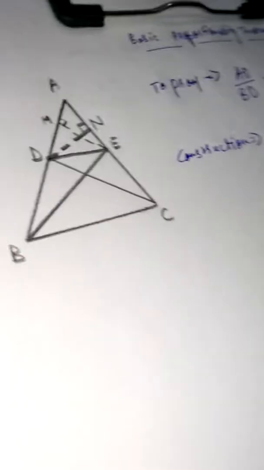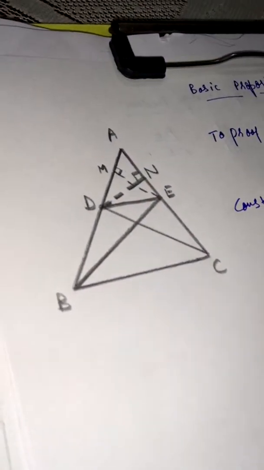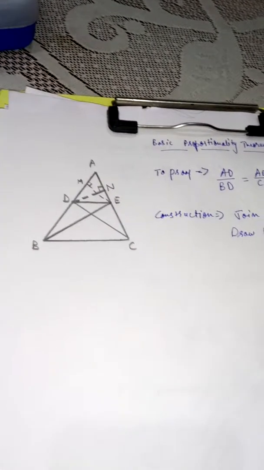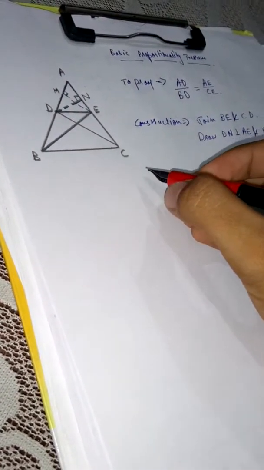Then draw DN perpendicular to AE and EM perpendicular to AD. Here we have written our construction to prove, and we have drawn the triangle also. So the next step is to prove the basic proportionality theorem.